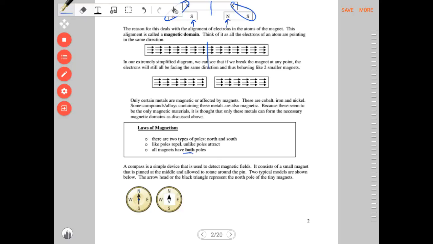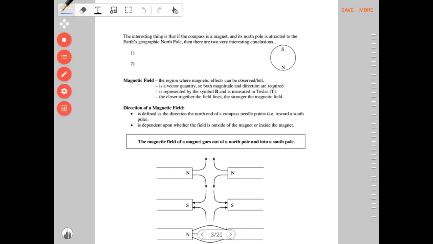In the second style, we have the two triangles, and it's the black triangle that always points north. All right, moving on. The interesting thing is that if a compass is a magnet and its north pole is attracted to Earth's geographic north pole, then there are two very interesting conclusions.